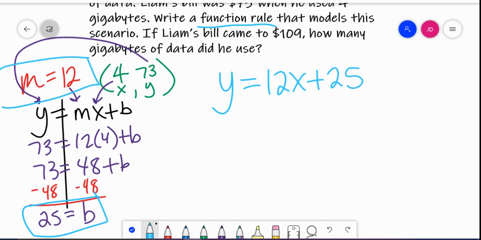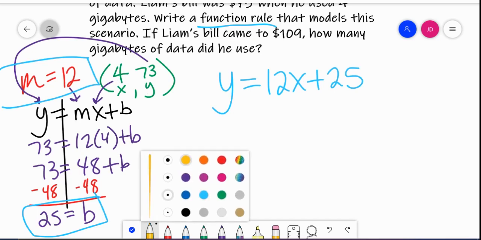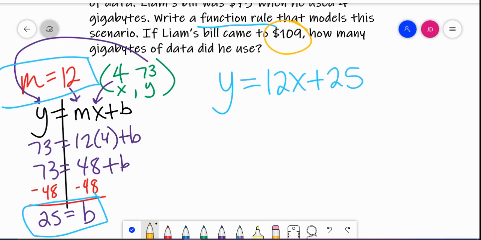So be careful. Now, if Liam's bill came to $109, how many gigabytes of data will he use? Remember, x is my gigabytes. Y is the total amount, right? So if the bill came to $109, that is going to go in for y this time.